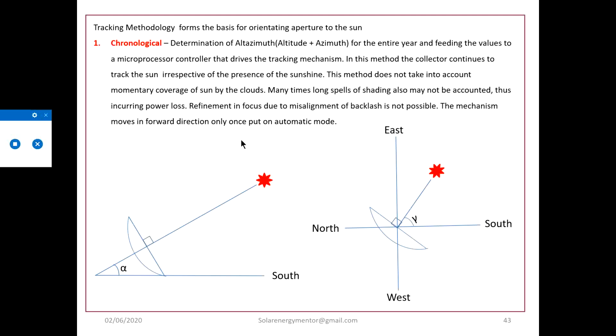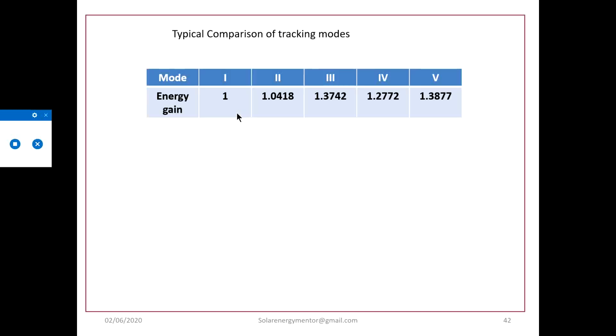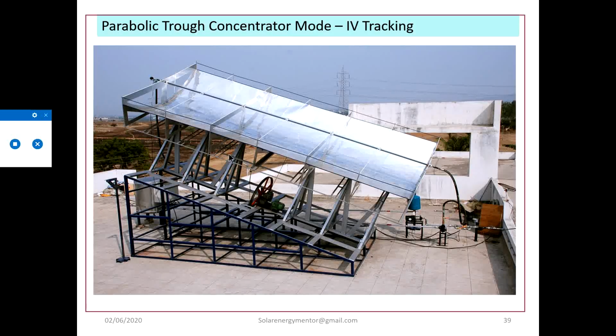Again, refinement in focus due to misalignment or backlash is not possible, because in this huge structure, if we track this mechanism, there will be backlashes. For example, when the aperture tracks from east to west, sometimes it overshoots, and then we need to refine the adjustment of the focus.